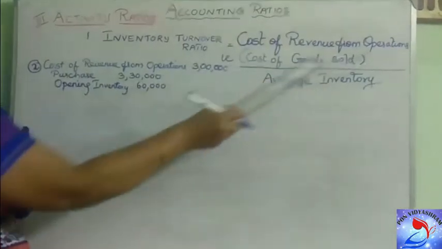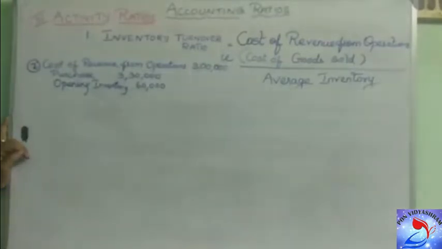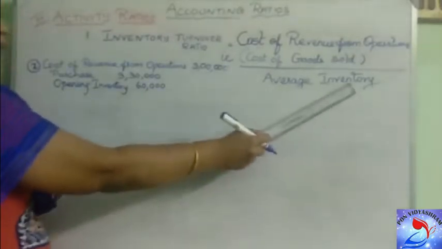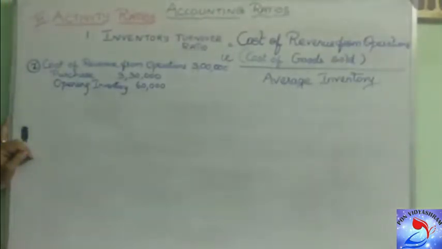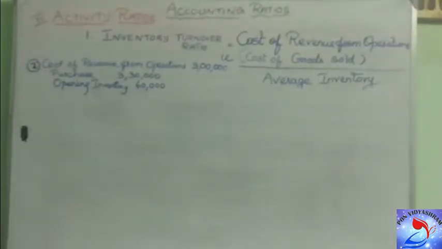We can get the cost of revenue from operation as 3 lakh directly from the sum, but we need to find out the average inventory, which is opening stock plus closing stock divided by 2. Now we don't have the closing inventory itself. How can you find out closing inventory? I told you various methods of finding cost of revenue from operation, that is revenue from operation minus gross profit plus net loss if there is one.